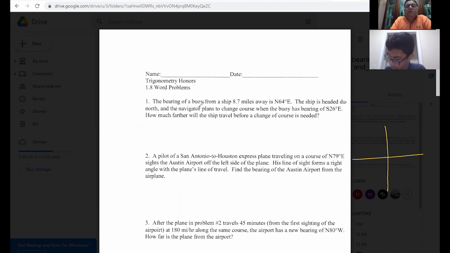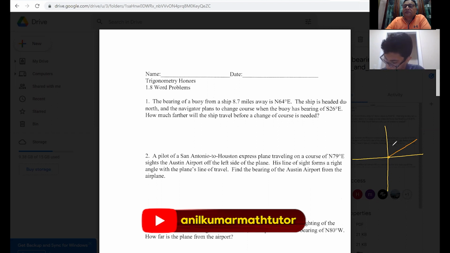The bearing of a buoy from a ship 8.7 miles away is north 64 east. So from north 64 east, bearing of a buoy from. So we'll keep this point center. And from here, from north 64 degrees east, we'll go like this.